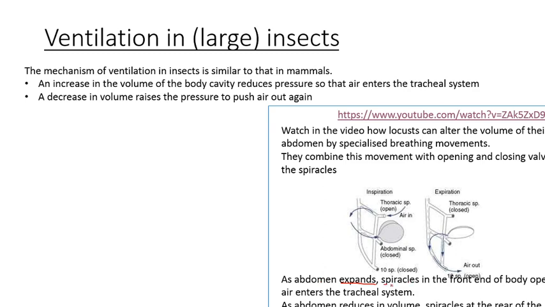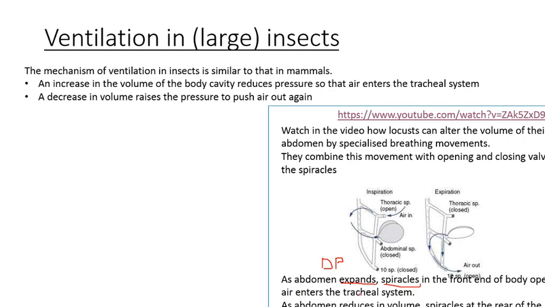They purposely open their spiracles in the front part of their body, and because you've increased the volume, you've also decreased the pressure. So air will move into the spiracles from a higher pressure outside the insects to the lower pressure in the abdomen.